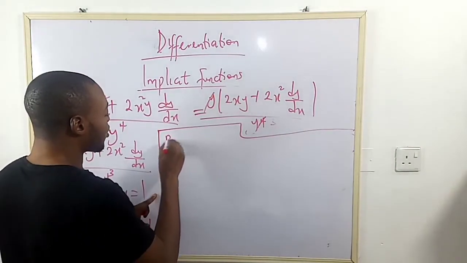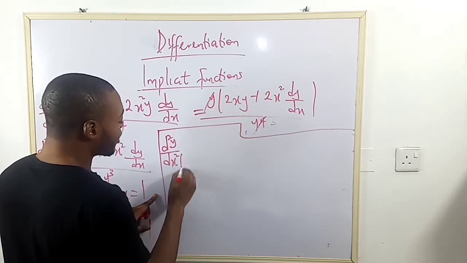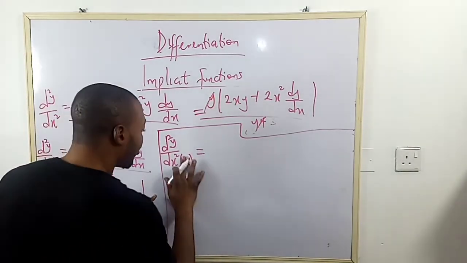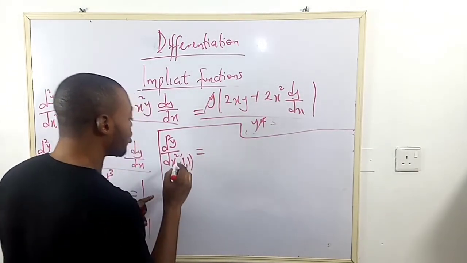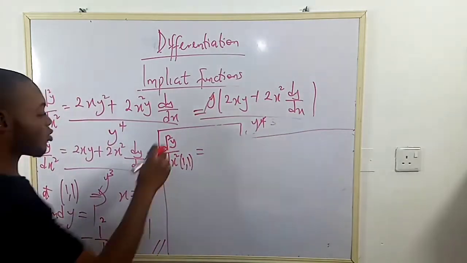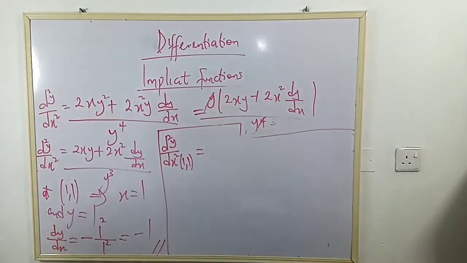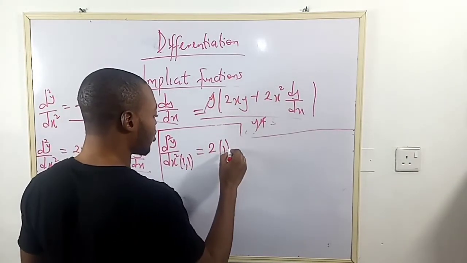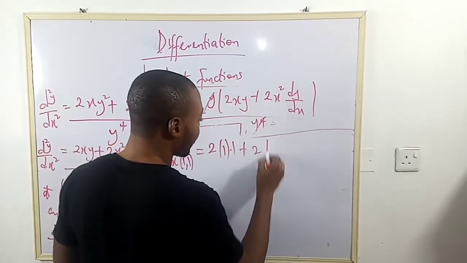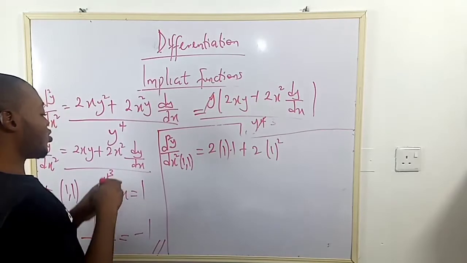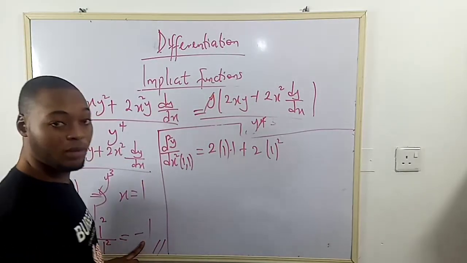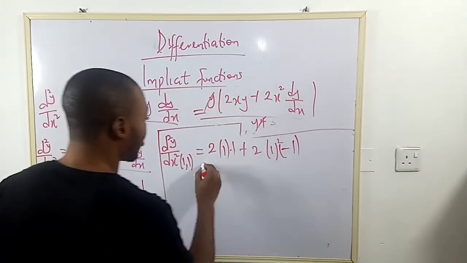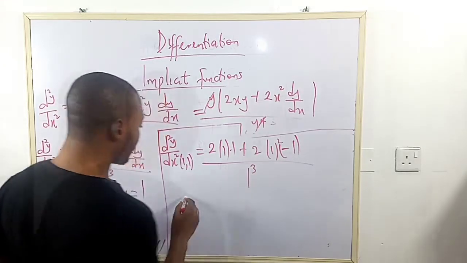So d²y/dx² at point (1, 1) will be equal to 2 into bracket x is 1, y is 1, times 1, plus 2 into bracket 1 squared, x is 1, and dy/dx at point (1, 1) is minus 1, times minus 1, all over, what was our y? 1 raised to the power 3.